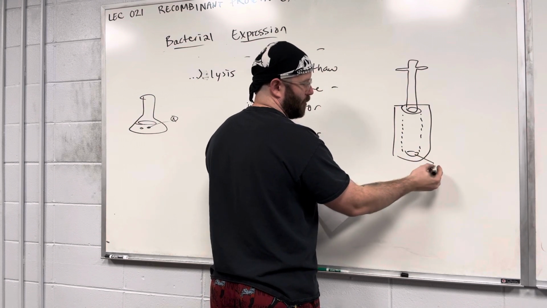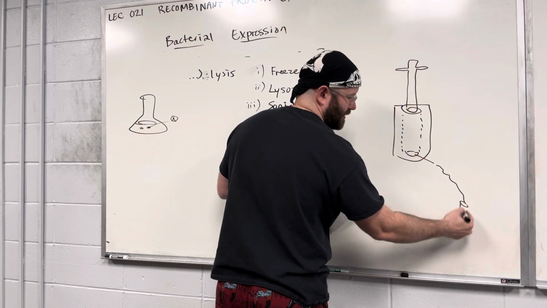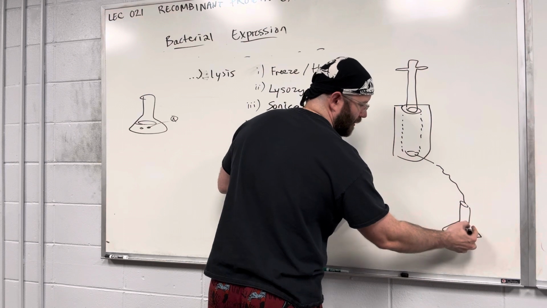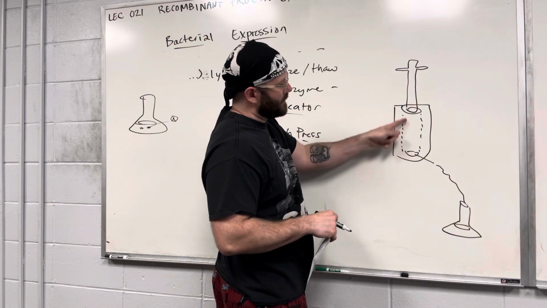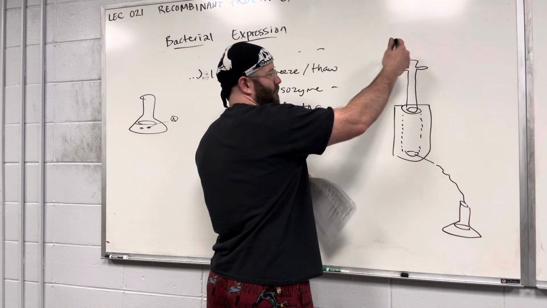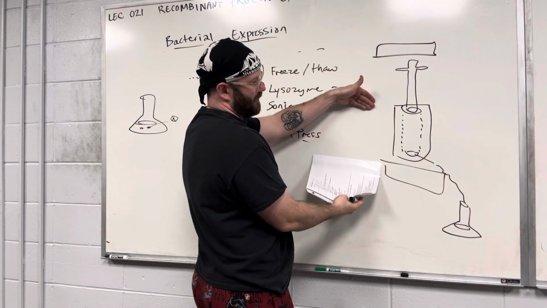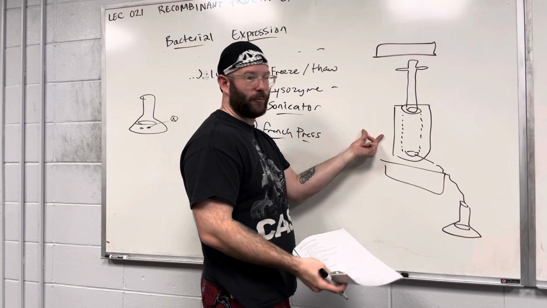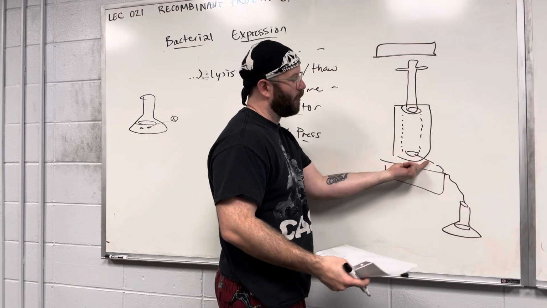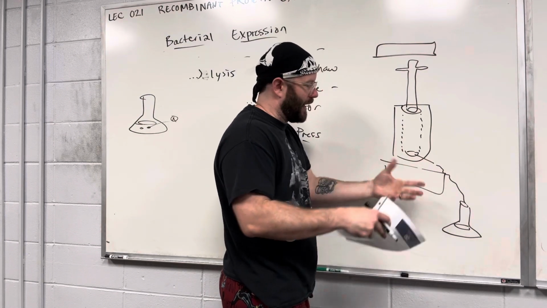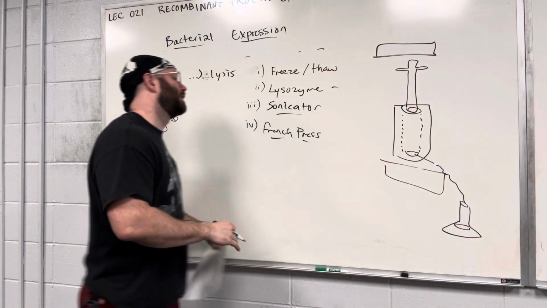And then there's an exit port, which usually you port into a separate tube, okay? And you put your cells in here, and then you put the French press in a giant machine that squeezes it down and squeezes it together, and then the pressure in the chamber becomes super high, and then as soon as you open up this hole, it pops all the cells, and then they slide out through the container.